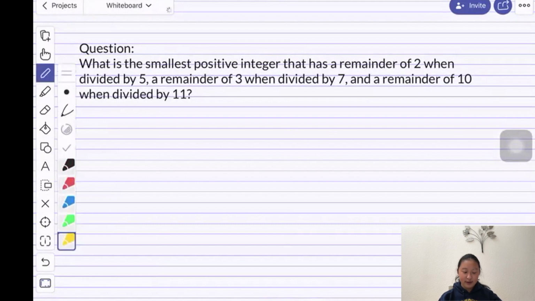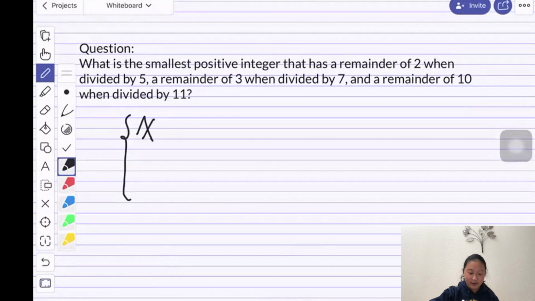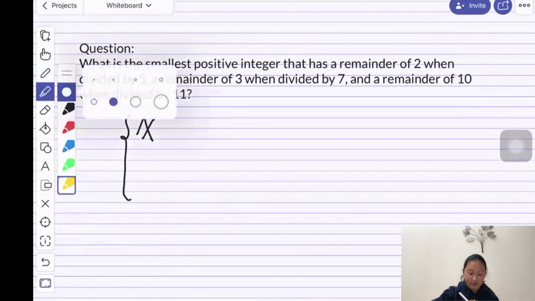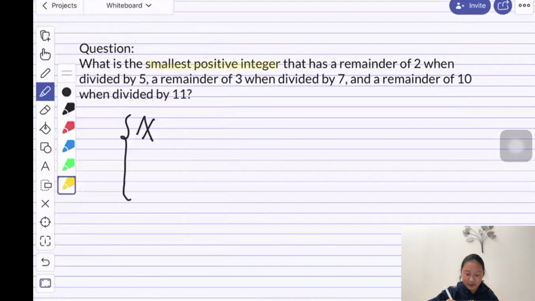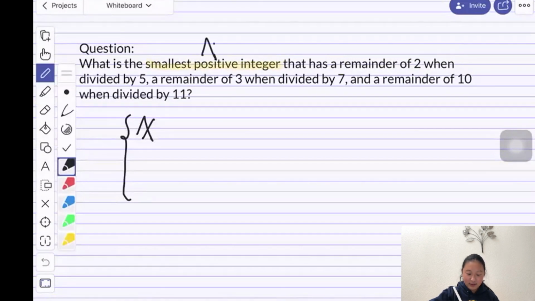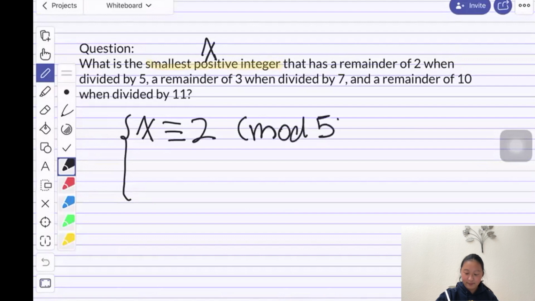From our first piece of information, if we let our original number, the smallest positive integer here, be x, then our first piece of information tells us x is congruent to 2 mod 5.